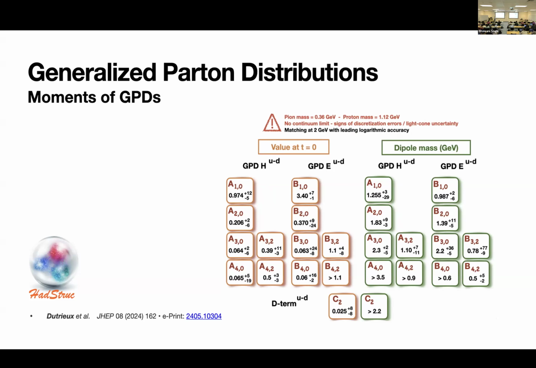You can see it goes up to the x cube, the A4 term, and we have extracted the second coefficient in xi here for the H and the E. And here is the dipole mass that is associated with these form factors. This is a relatively old paper now. It's 2 years old. So that's the generalized form factors.